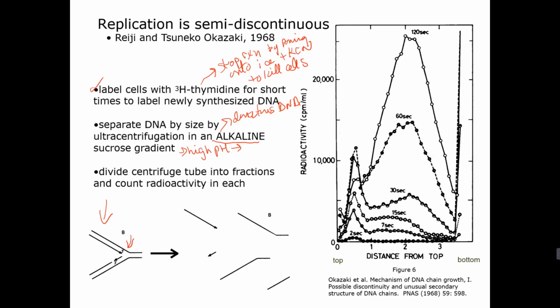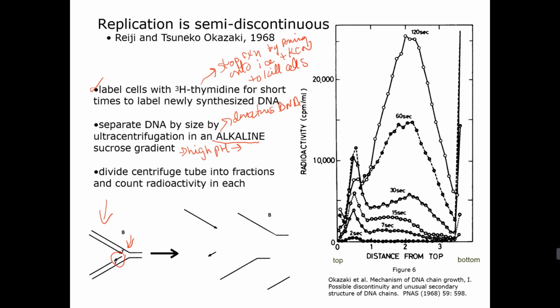And everything is hybridized together, so this is going to migrate like one very high molecular weight species, even though we're interested in these tiny nascent fragments, which are obviously of lower molecular weight. So if you allow this thing to still be annealed to the parental template, we're not going to be able to discern its actual true molecular weight.